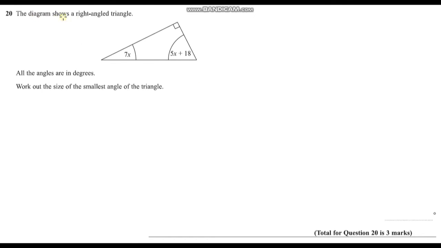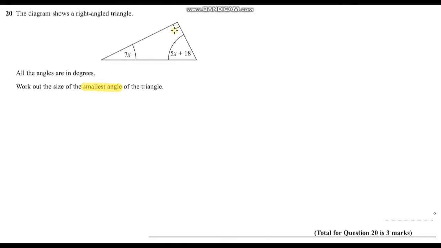Question 20. The diagram shows a right angle triangle. All of the angles are in degrees. Work out the size of the smallest angle of the triangle. So the key thing to remember here is that angles in a triangle sum to 180 degrees. So if we add up all of the angles and set that equal to 180 degrees first of all.